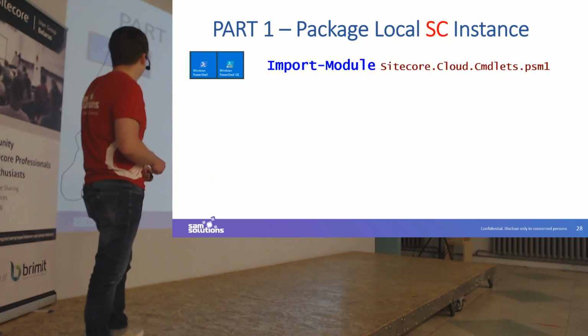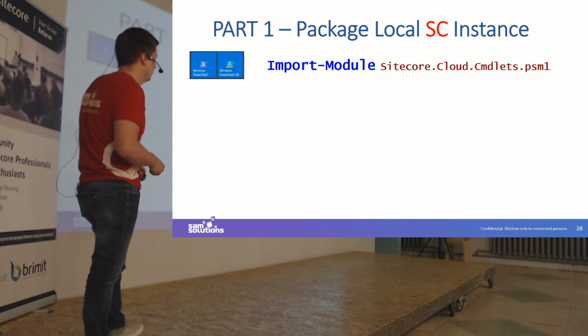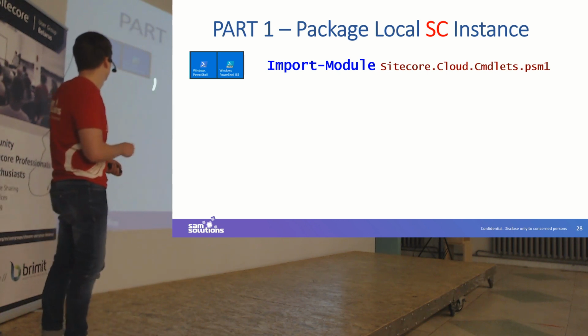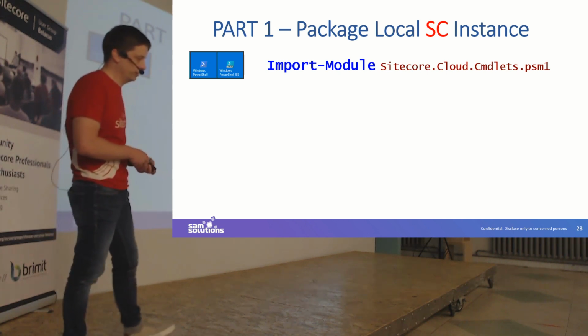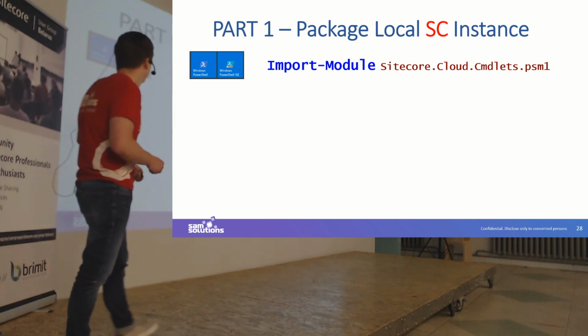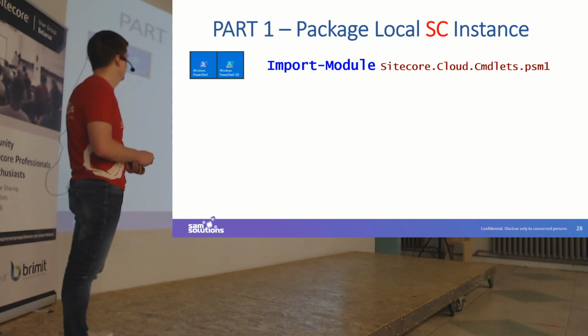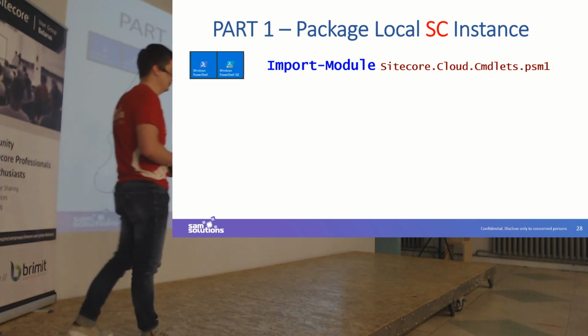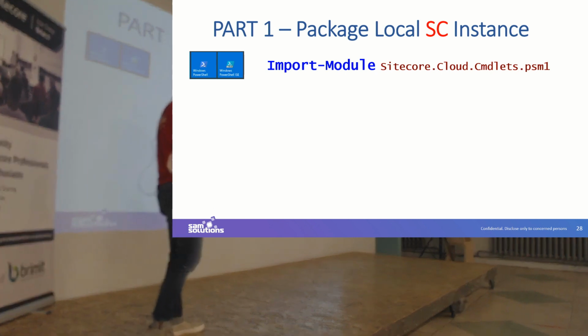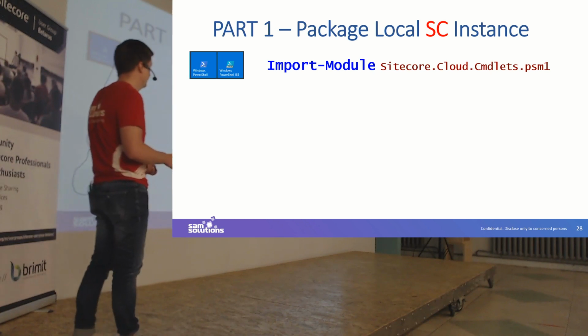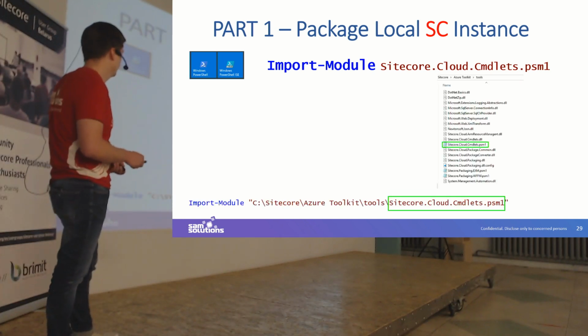Okay, so what do we need for that? For sure, we need a PowerShell terminal, and first of all, we need to import the cmdlets provided by Sitecore, which are located in this folder.